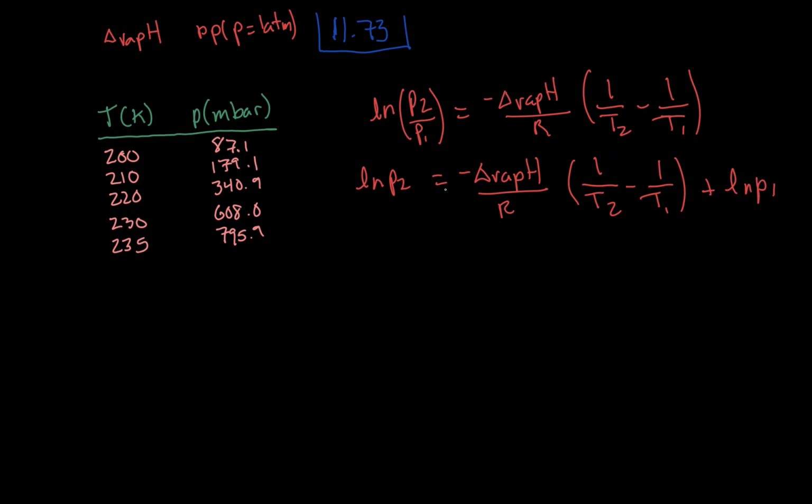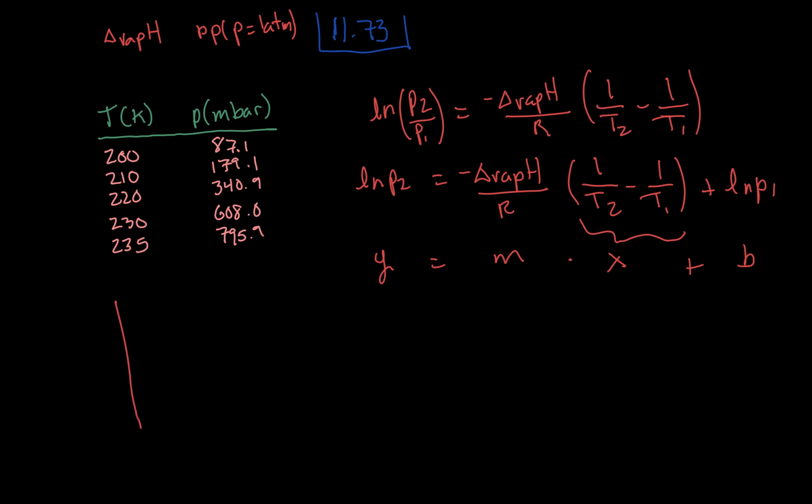There we go. That's our full expression. So this is your y, this is your m, this whole thing here is your x, right? And this is your b. So y equals mx plus b.